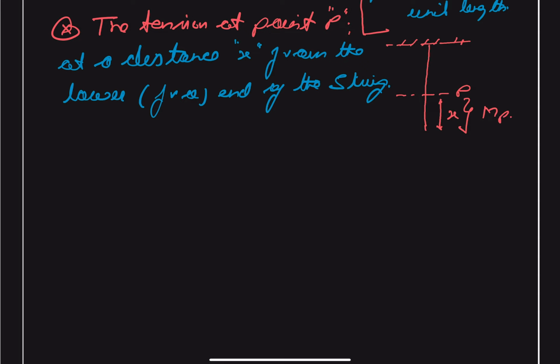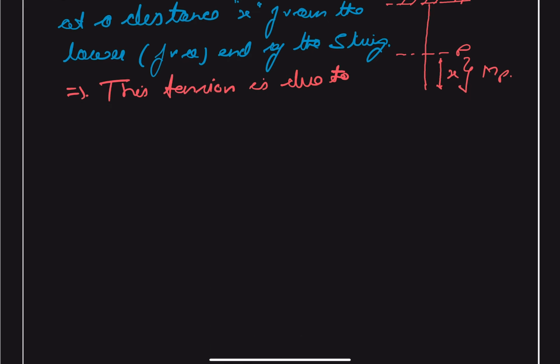So this tension is due to the weight of the string below point P, and we assume that its mass is mp.